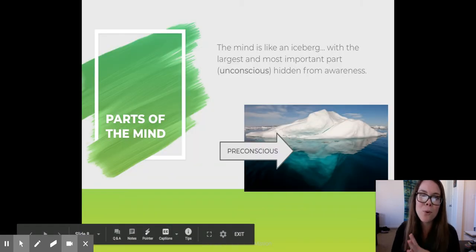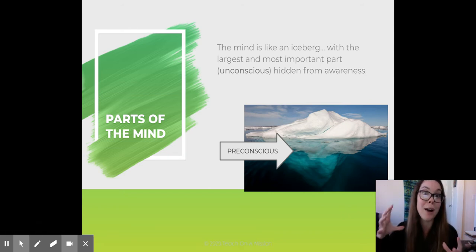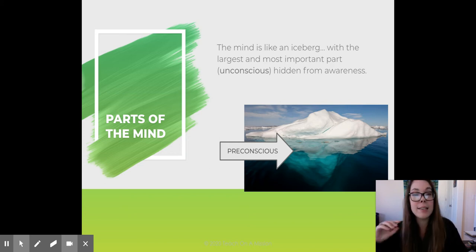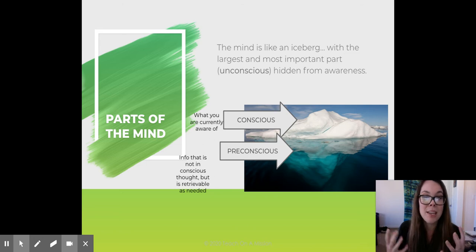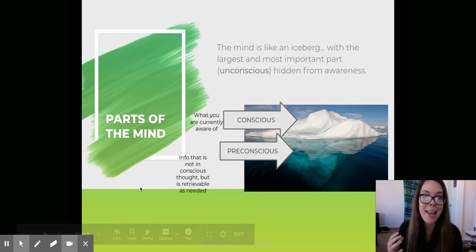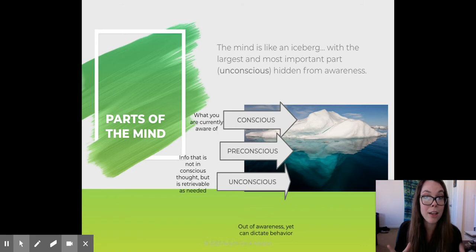Before we dive into theories, we first want to talk about what Freud is very, very well known for, and that's the Iceberg Theory. He believes that the mind is similar to an iceberg, and there it is. The largest and most important parts of our personality are at the top.